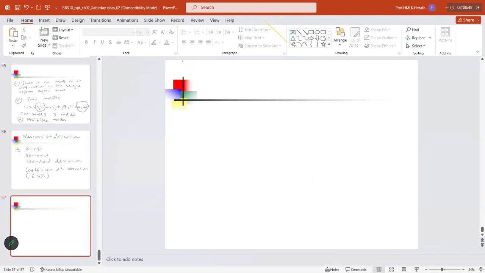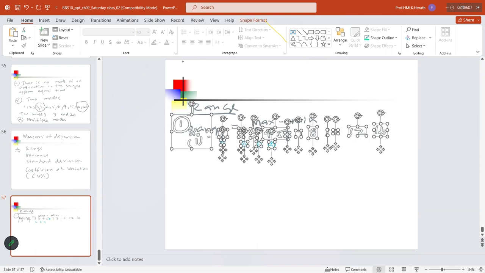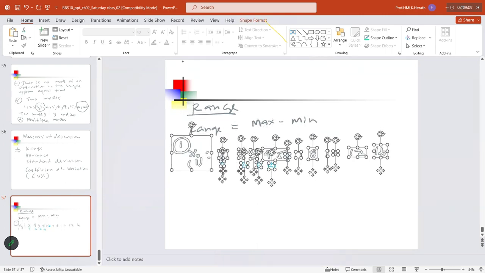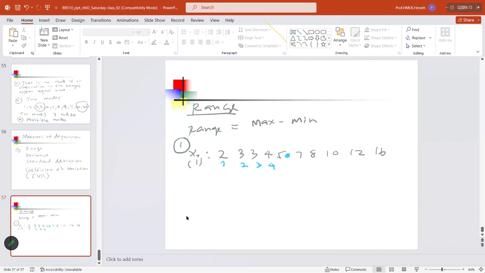First, we talk about range. It is easy. We define range as max minus min. This is our example.